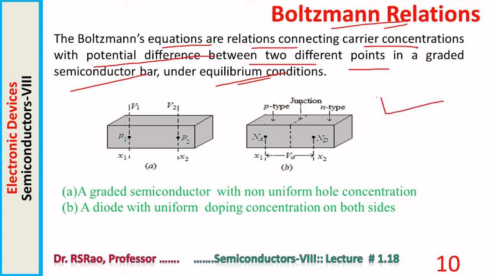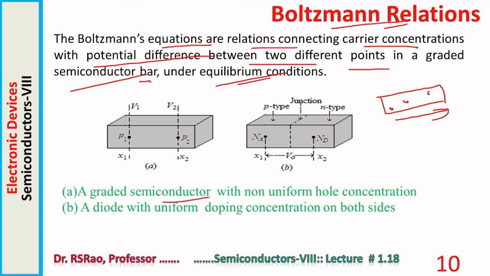Graded means impurity concentration varying with the distance, along the length of the semiconductor. Here it may be less, here it may be more, here it may be much more. The variation of carrier concentration with the length is an important property of a semiconductor bar.